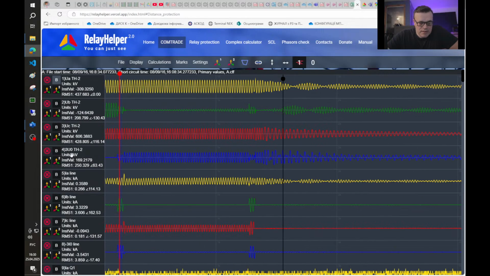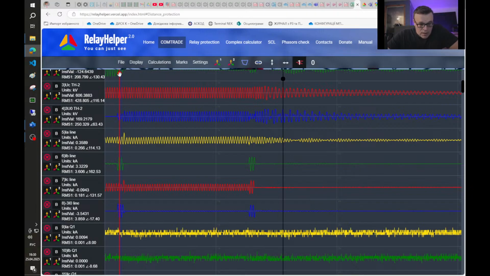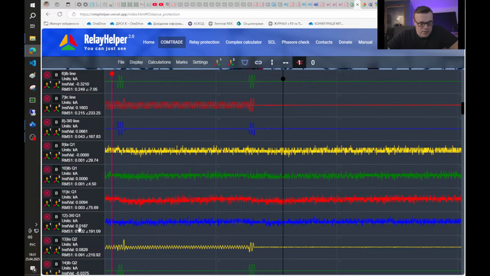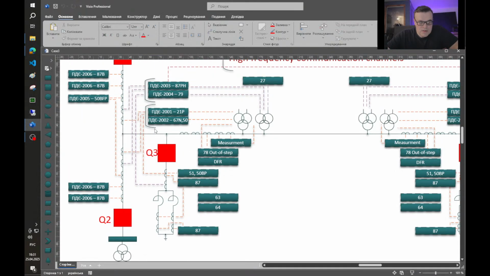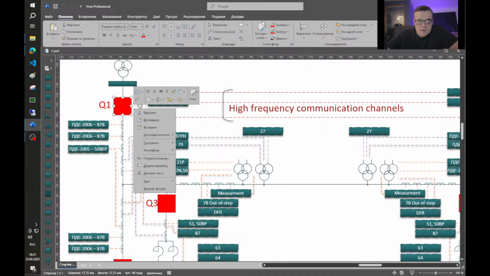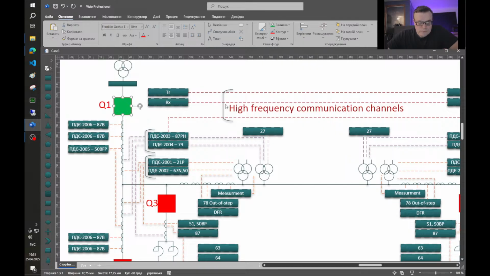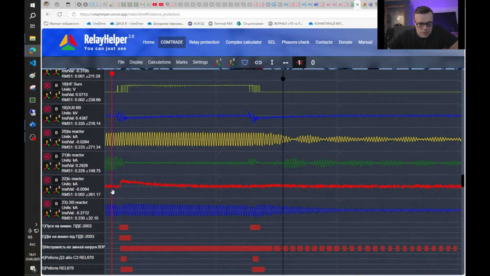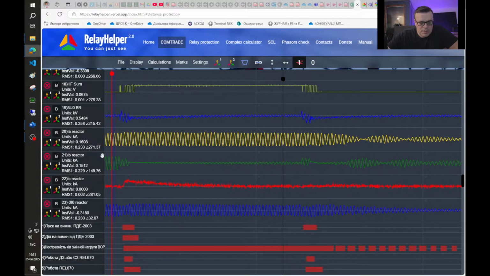Through the voltage and current we can see that we had a single phase short circuit on phase B. Also we can see that one of our breakers was in maintenance, so in this primary scheme we also see the current from the shunt reactor, and we can see zero sequence current before the event, and that phase C also has some noise.